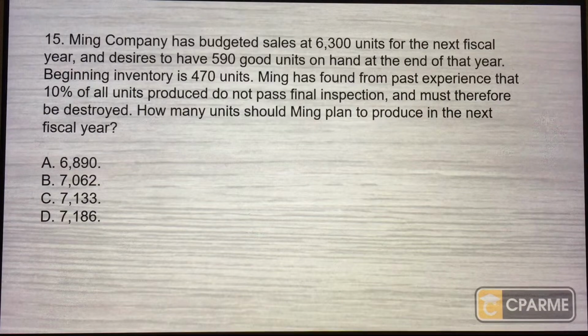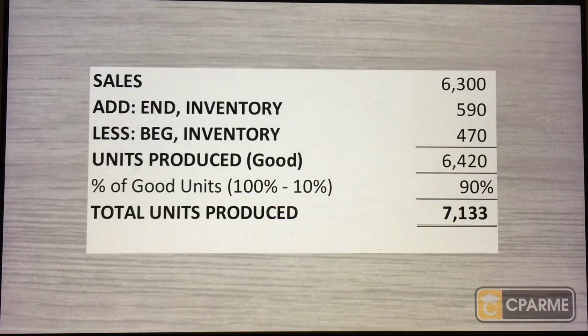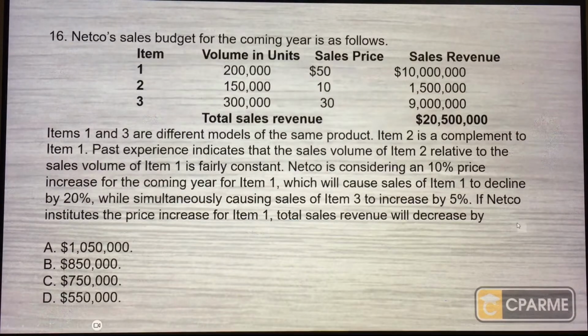Then we should divide it by 90%, so that we could cover up the 10% units that did not pass the final inspection. So for this number, the correct answer is letter C, 7,133 units. Next.